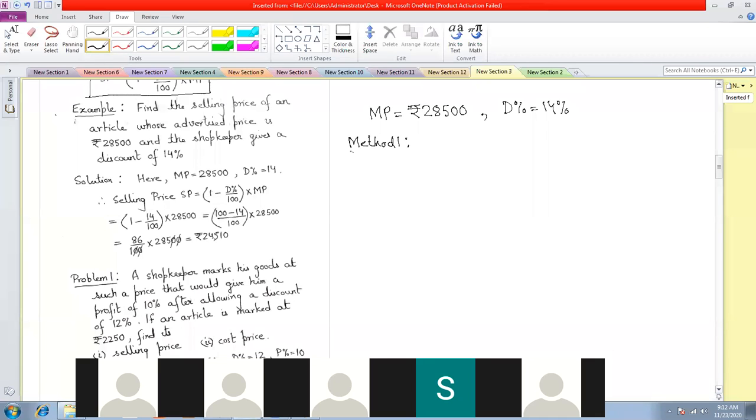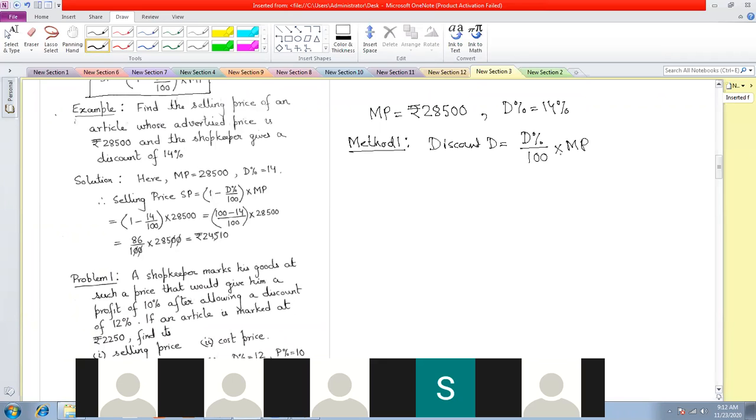In the first method, you actually find out the discount and then you find out the selling price. Discount here is calculated on the mark price.